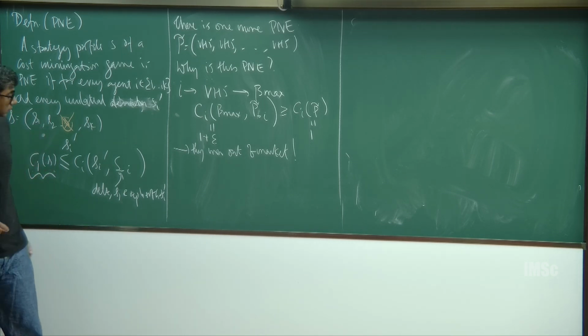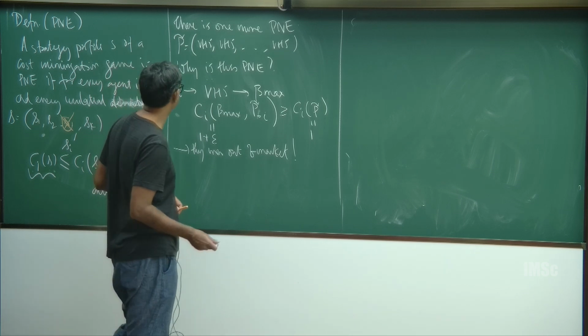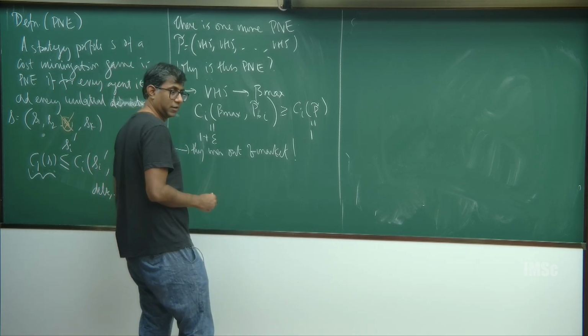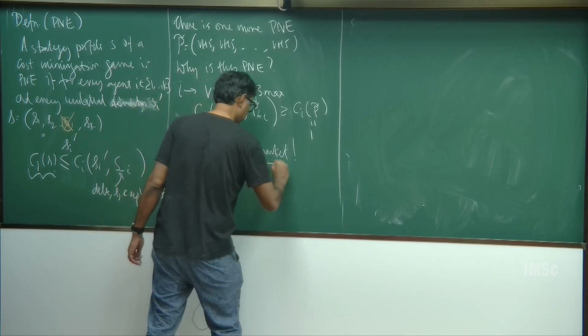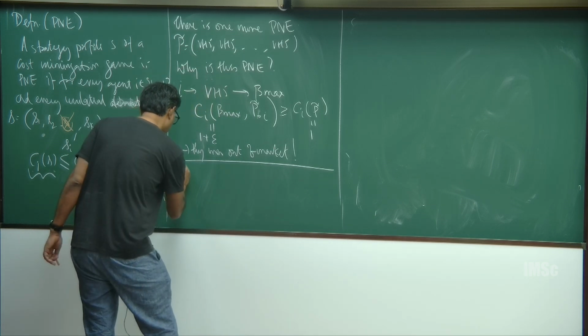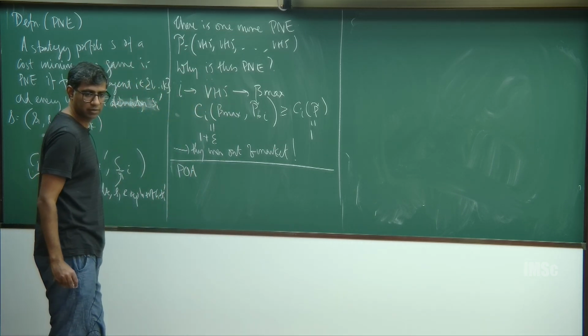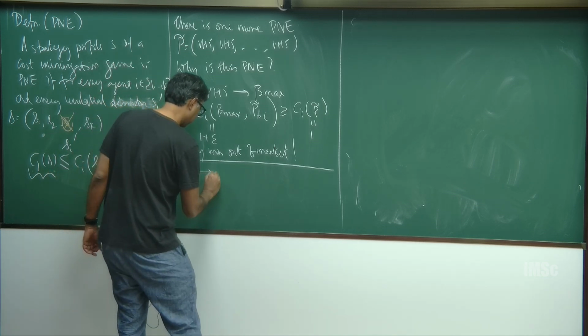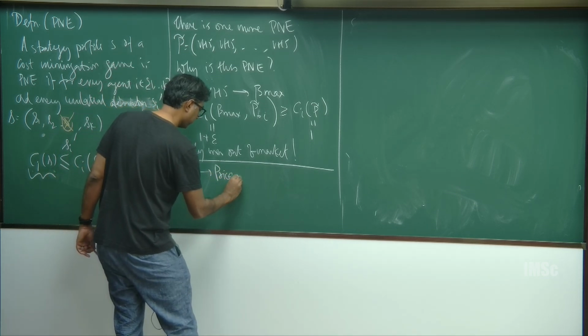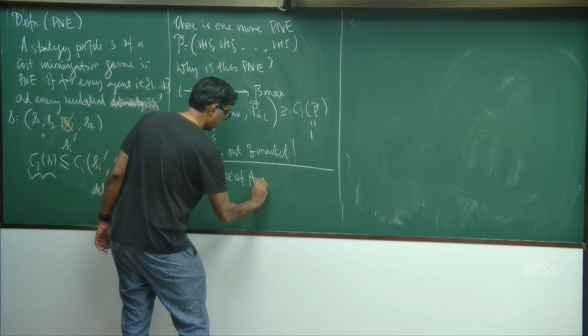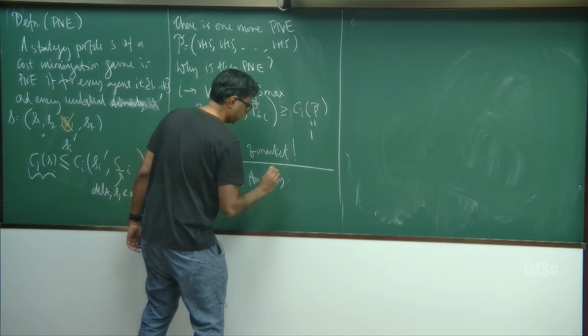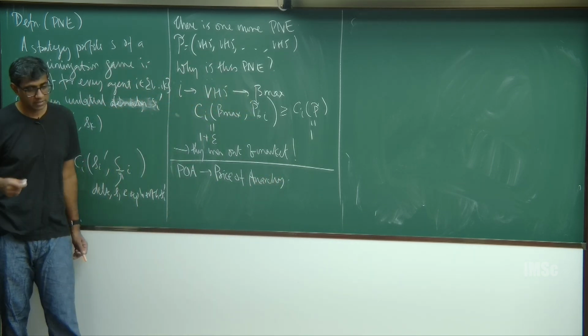Okay. Another concept that people have used, again I am trying to understand, is what they call POA, the price of anarchy. How is the price of anarchy defined?